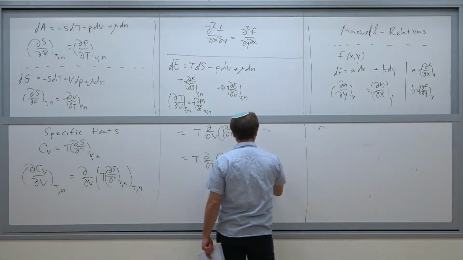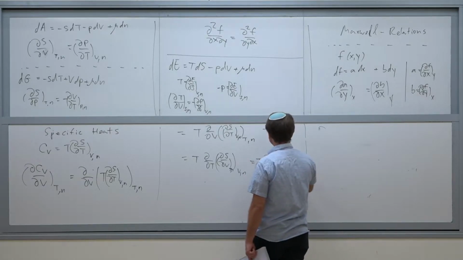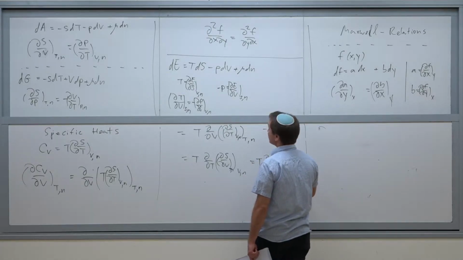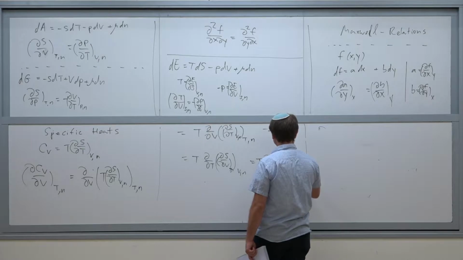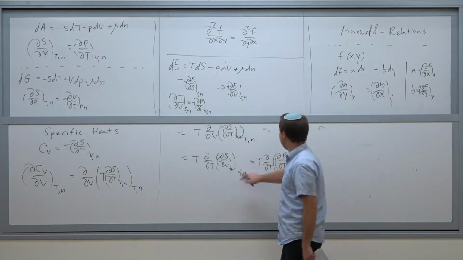So this guy is T d/dt of dP/dt, keeping V and N constant, and d/dt keeping V and N constant.